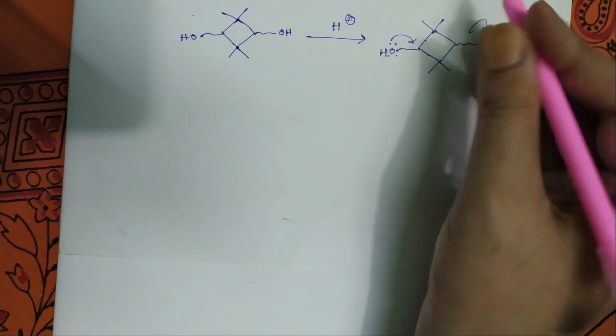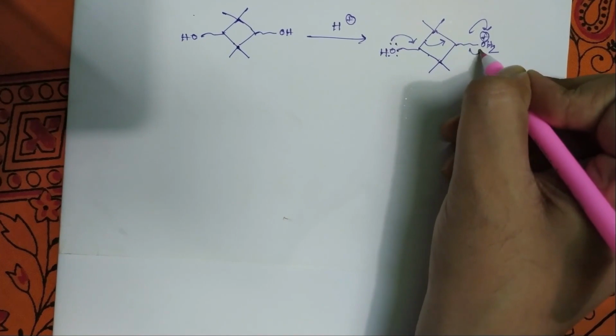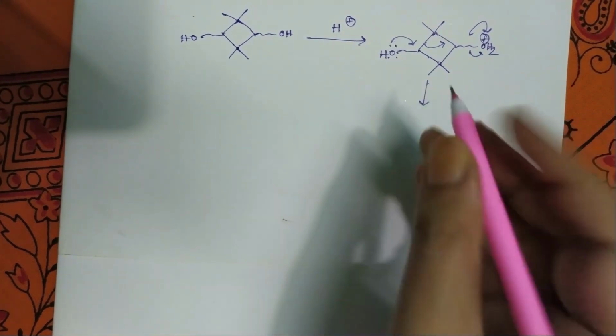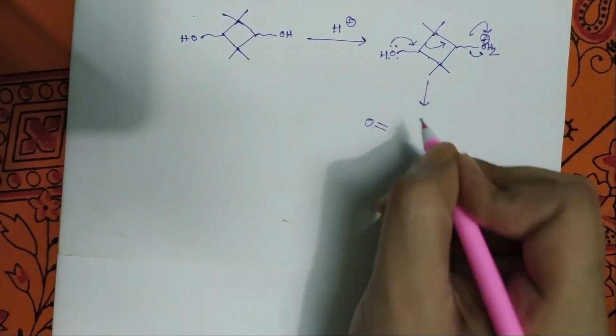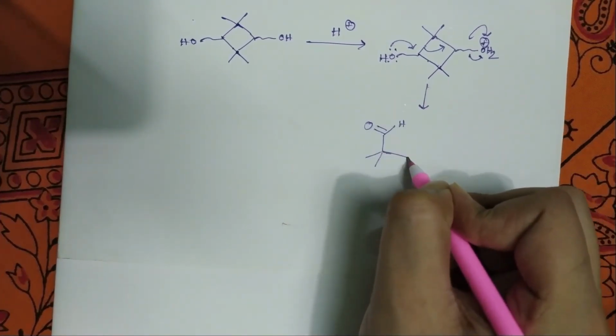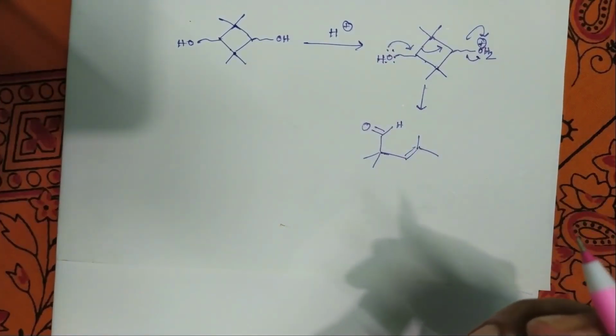As this is symmetrical, you can also draw the bond cleavage the other way around. So here we got the product.